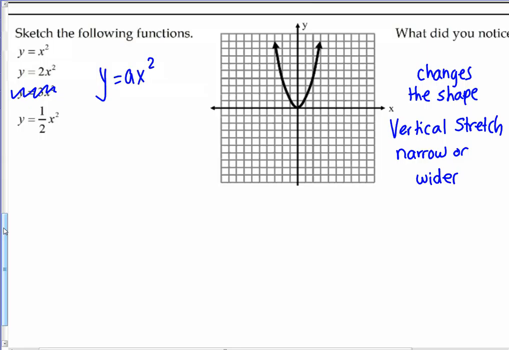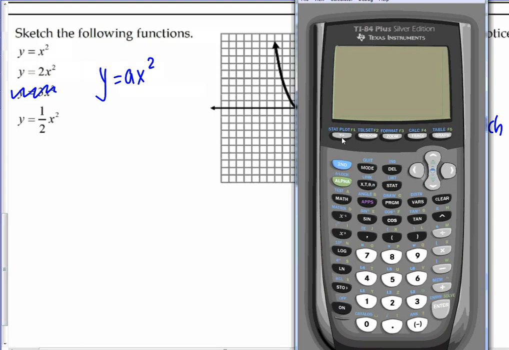Okay, y equals 2x squared. When you graph it, is it going to be more narrow or wider? So go to y2, clear y2, 2x squared. You could just watch, actually, or you could graph it if you want.